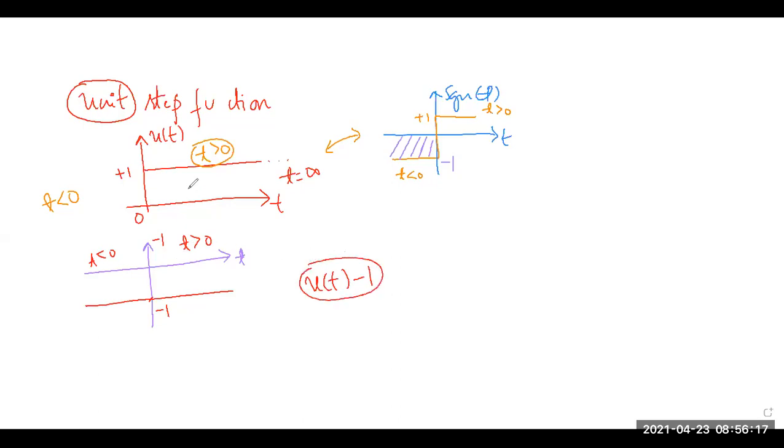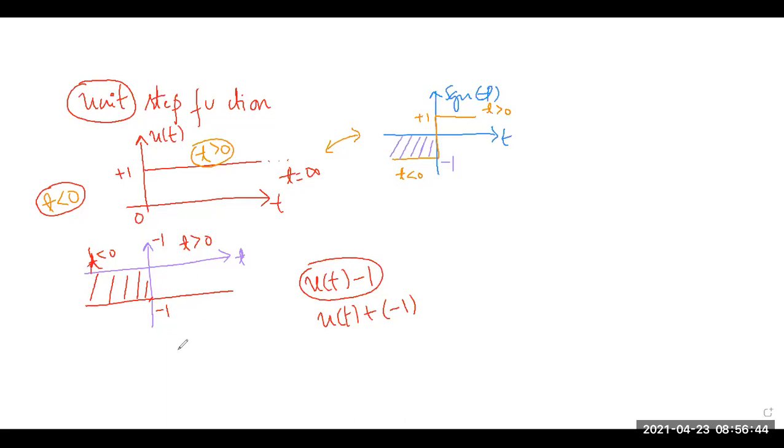Let me subtract these two signals, or in other words, I can rewrite this as u of t plus minus 1. Now let me add these two signals. When I add them, what happens? The unit step function is not defined for t lesser than 0, so the entire thing defined at t lesser than 0 will still hold.